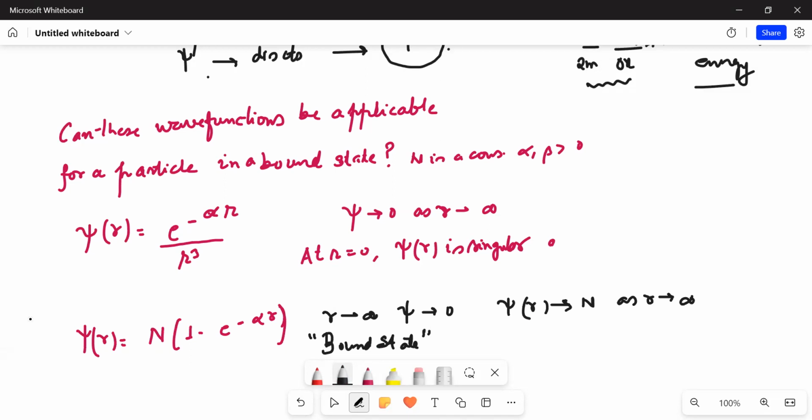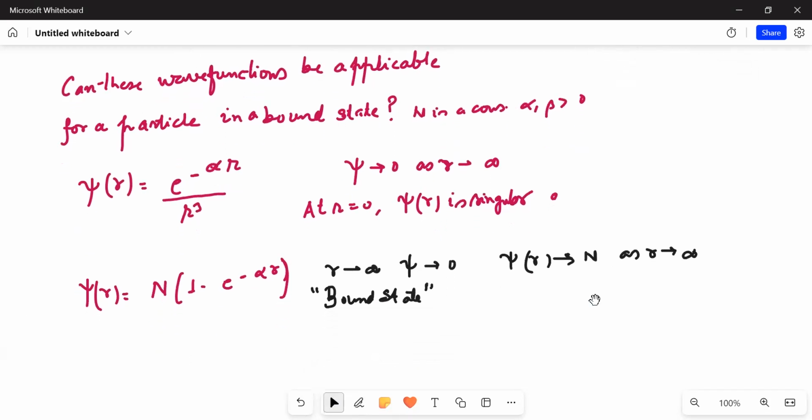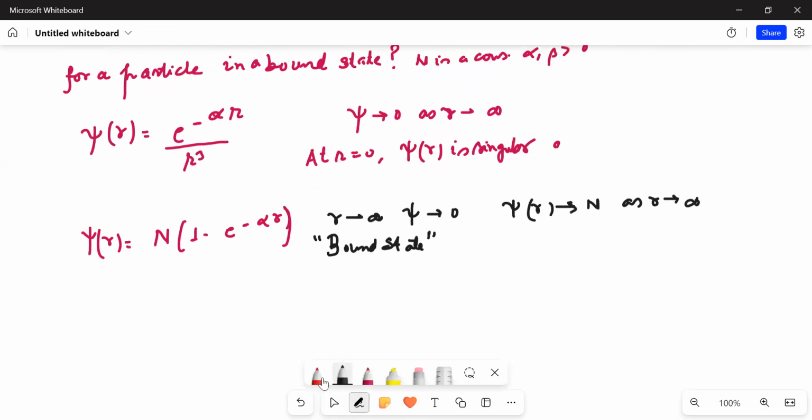Do you really think that this wave function, which I'm just writing, can be one of the cases which can represent a bound state? Psi as a function of r, for all r less than R it is non-zero, and for all r greater than R it is 0.